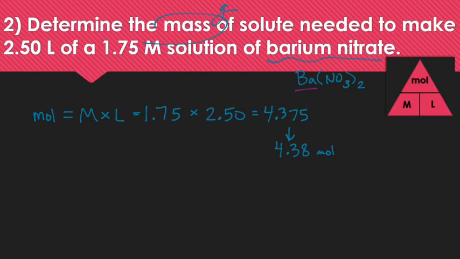So we're adding up 1 Ba plus 2 Ns plus 6 Os in order to get a final mass here. And the 1 mole part of that is going on the bottom this time because the mass, that 261.336 that I just had to add up from the periodic table, needs to go on top because I want to be ending up with these grams here.